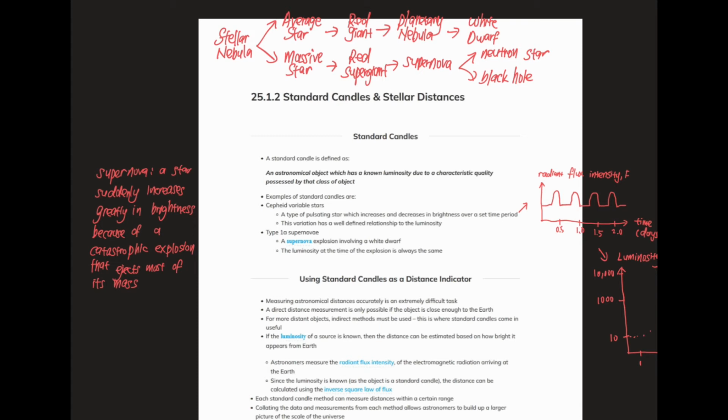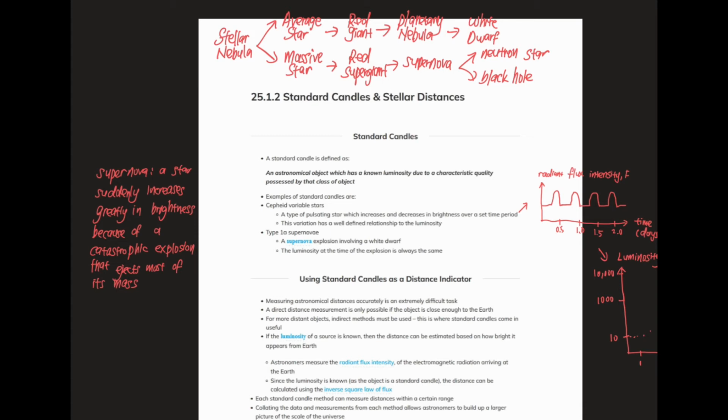So the mass can change to energy. The mass can change to energy. So it's that kind of idea actually. And when the mass changes to energy, it makes the star very bright. And that is supernova.